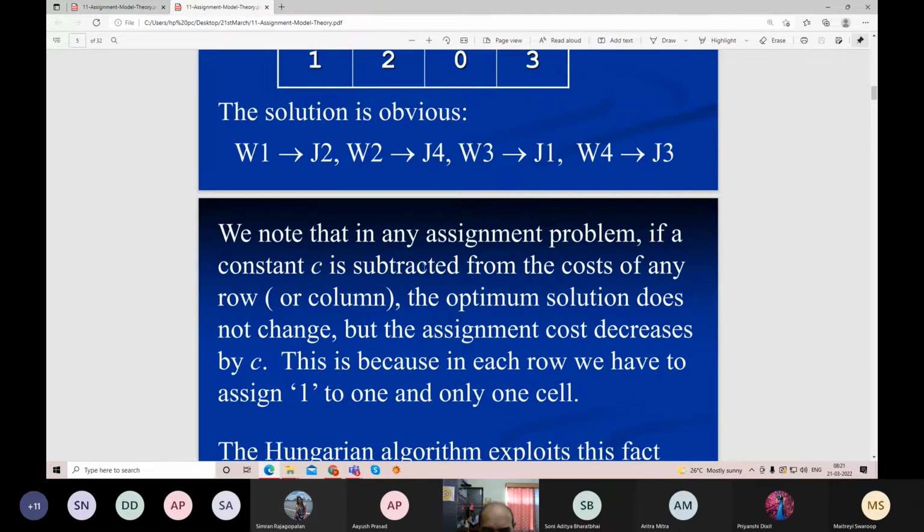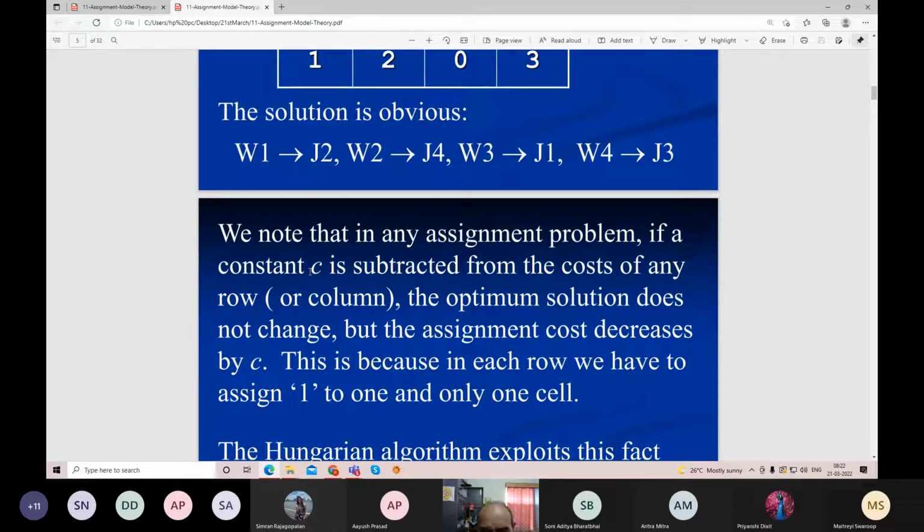Note that in any assignment problem, if a constant, say a small c, is subtracted from the cost of any row or any column, the optimum solution does not change, but the assignment cost decreases by amount c.